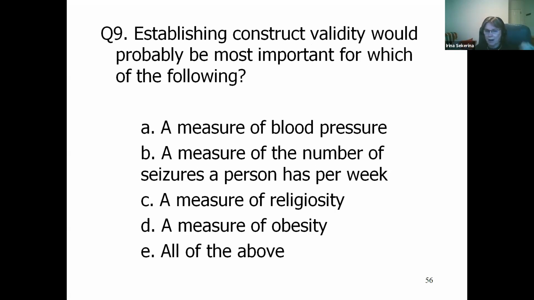There's nothing in your mind that needs to check that. Can you measure seizures in numbers per week? Yes, you can. 0 seizures, person's fine. 1, that's a very low number. So there is no construct validity for B either, because it's measured by physical events.